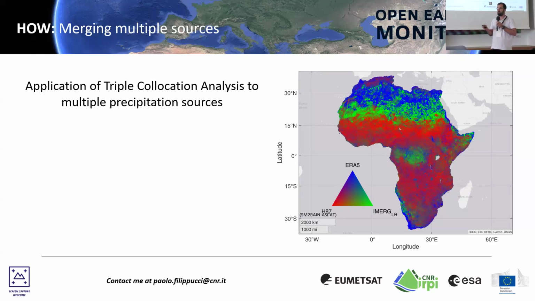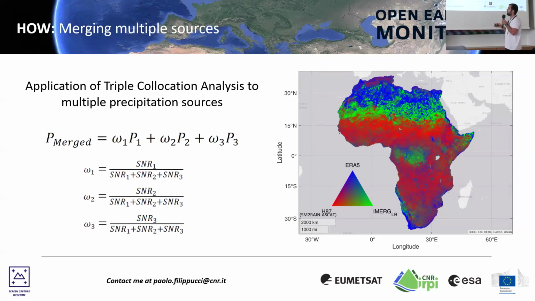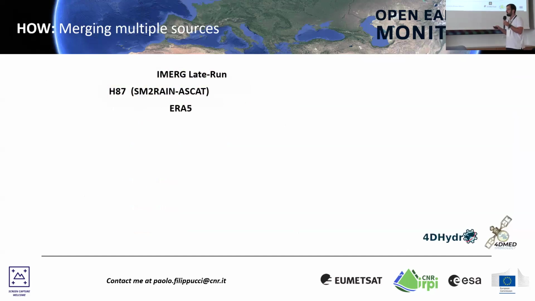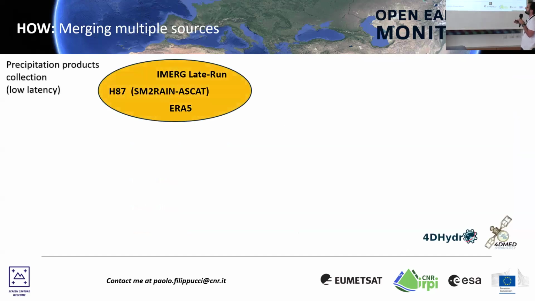So the idea is to merge the products according to this kind of map with a weighted average according to the signal-to-noise ratio that we obtain by the triple collocation. And we have done it selecting these three products, IMERG, Sentinel ASCAT, and ERA5, that we select because they are globally available with low latency, and they are the ones with the best performances by themselves.